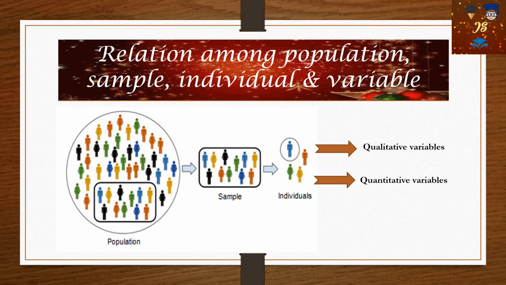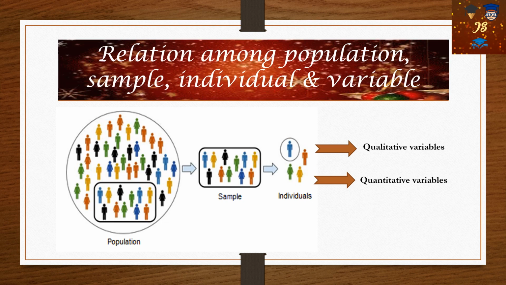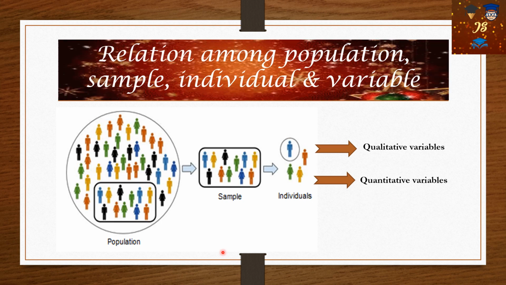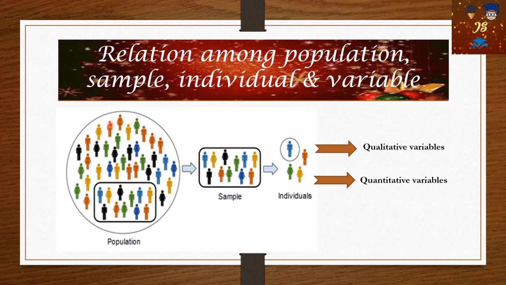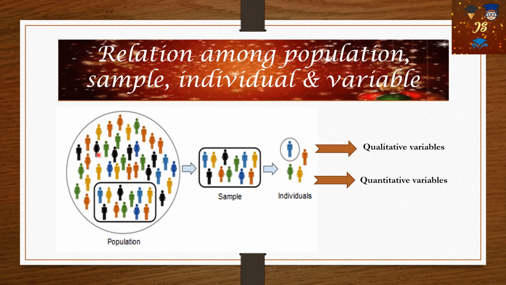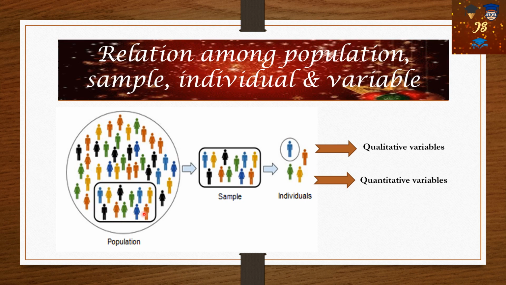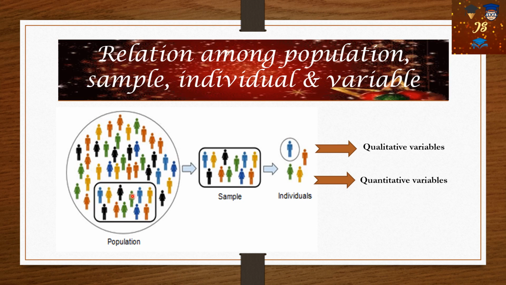Now we will understand the relation between the population, sample, individual and variable. This big circle is the whole population. Understand it very carefully. From this big circle, that many persons are taken as a sample.